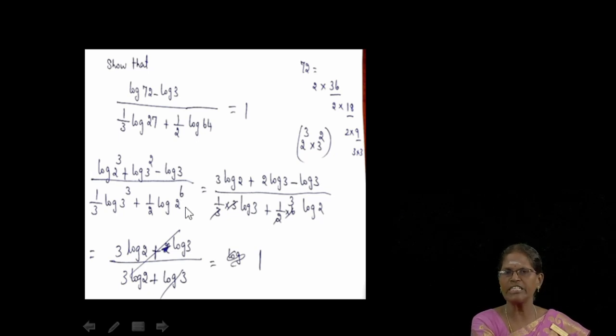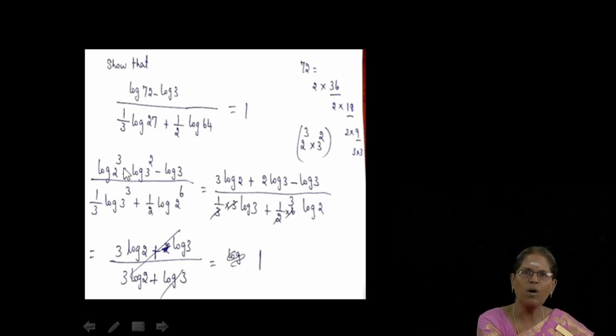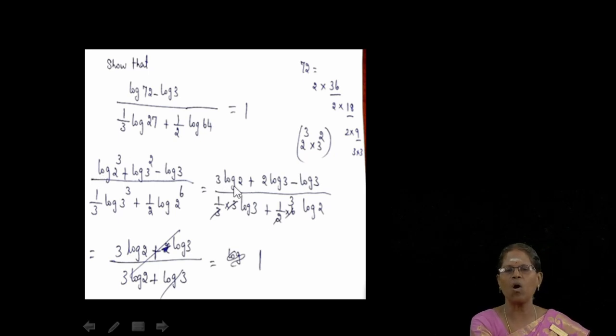Here the logic is, any big number should be converted into a small number in its index form. Another formula: when there is an index in a log, the index is brought to the front and multiplied. So it is written as 3 log 2, and this number is written as 2 log 3.